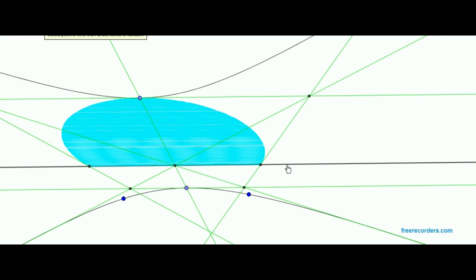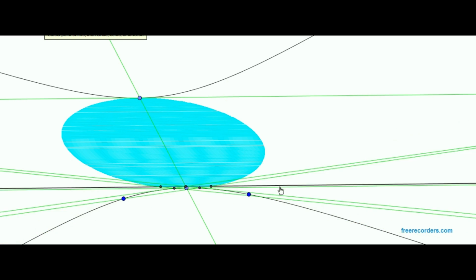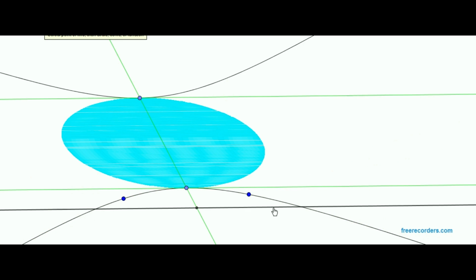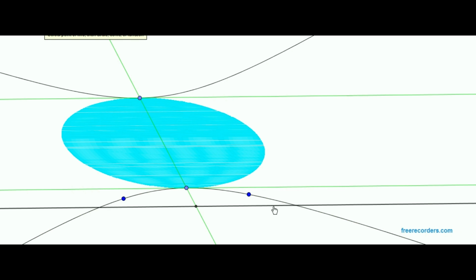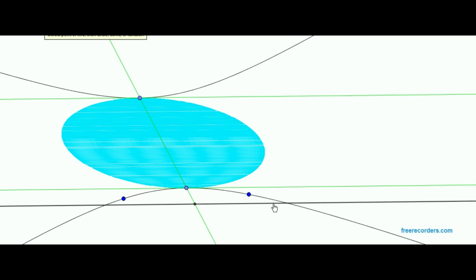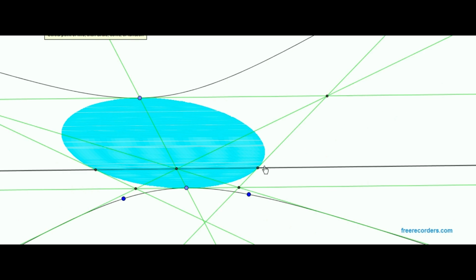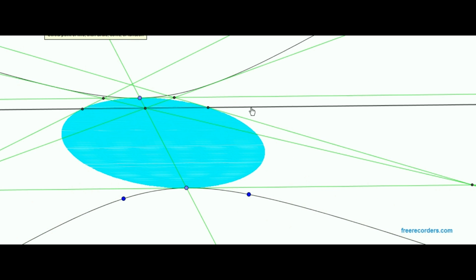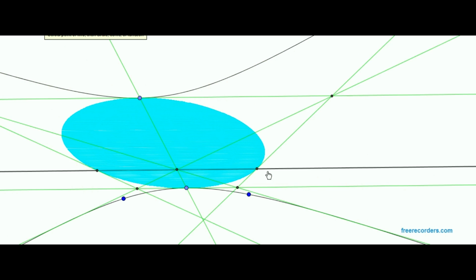But if we move down, we see there's a really nice kind of symmetry to it: visualizing the complex contact points, so visualizing, let's say, the imaginary part of an ellipse gives a hyperbola. Visualizing the imaginary part of a hyperbola gives an ellipse.